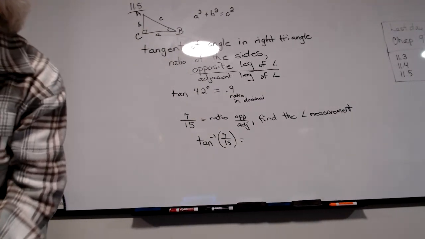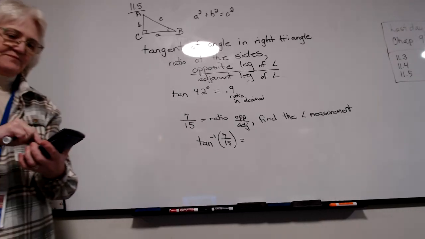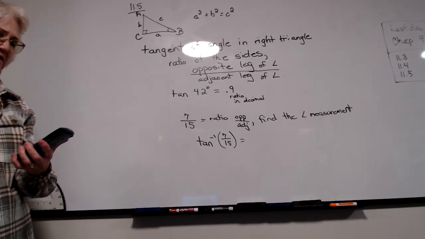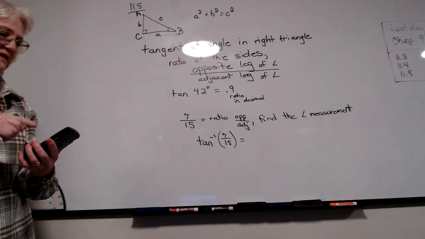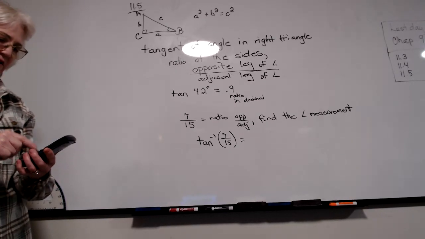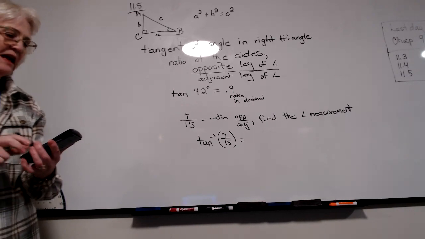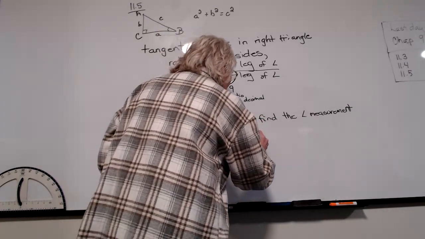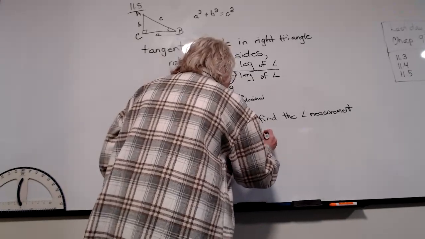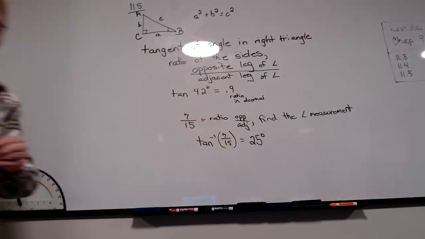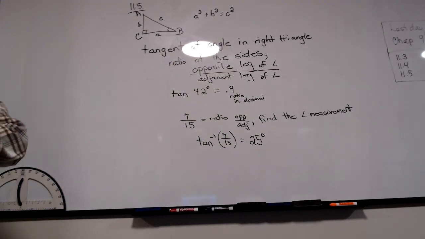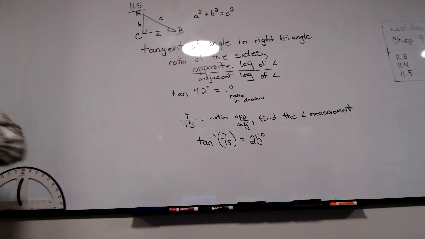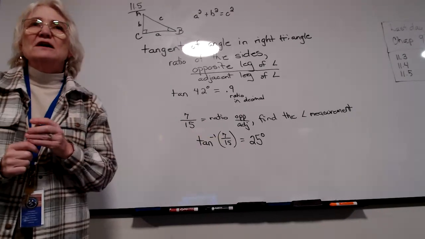So if I did that in here, and on these, it's just the second command with the tangent, 7 divided by 15, and I get that it's 25 degrees. So I know that that angle in that triangle is 25 degrees if it has this ratio of sides.